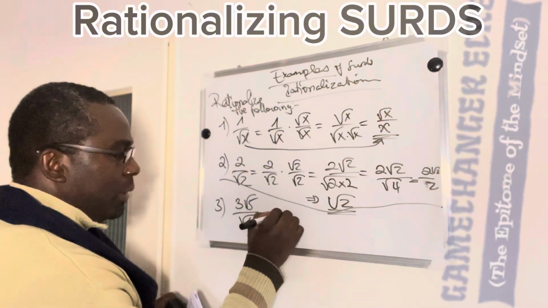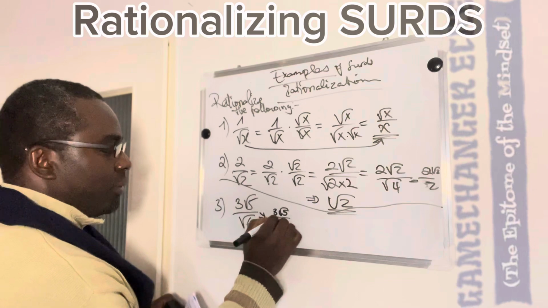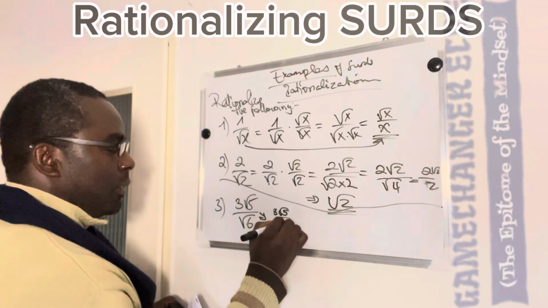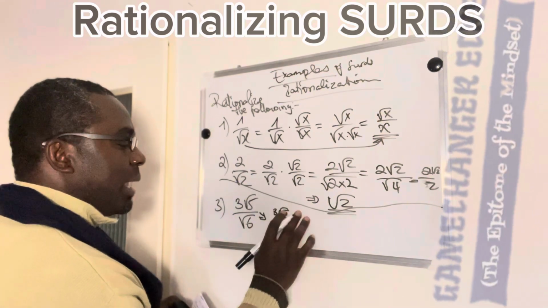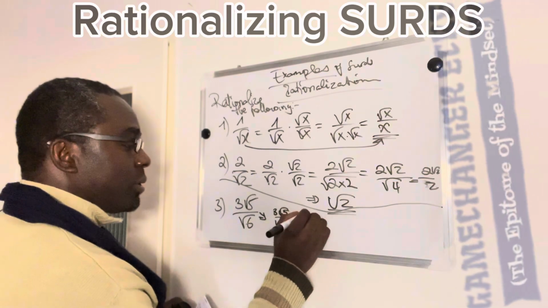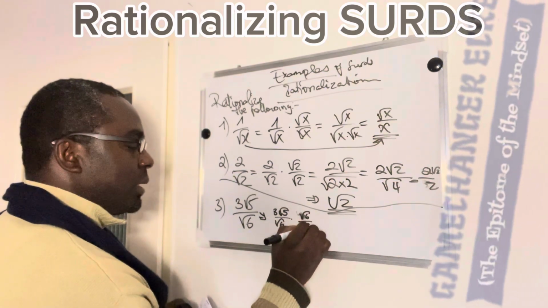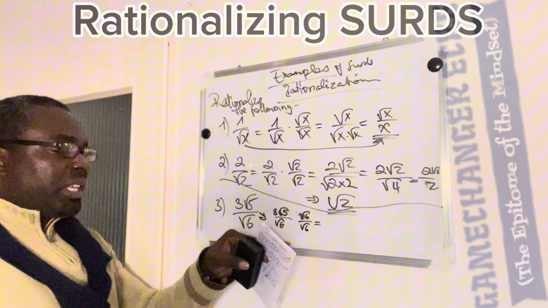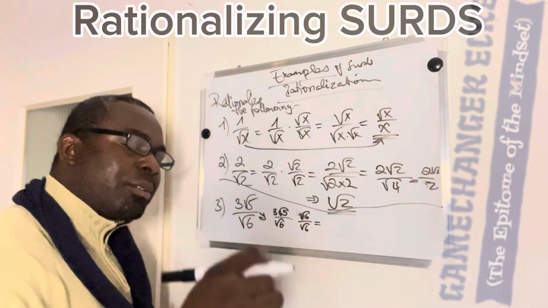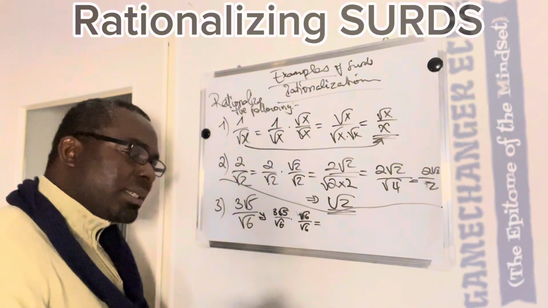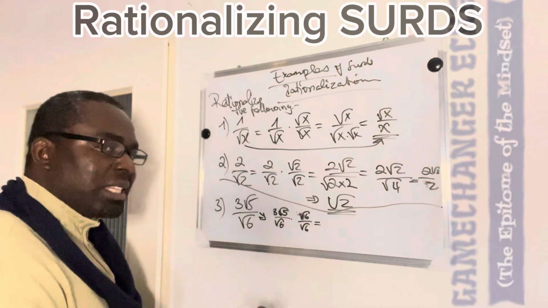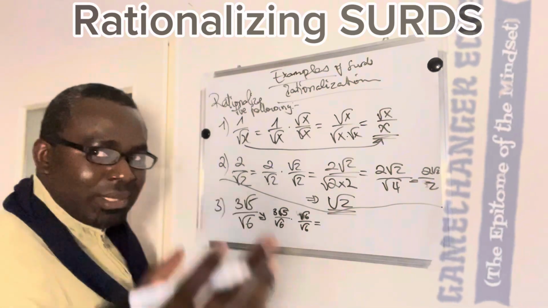So 3 root 5 on root 6 times 3 times root 6 on root 6. Since we know that the root of x times root of x is equal to x, in this case root 6 times root 6 will now give us 6.